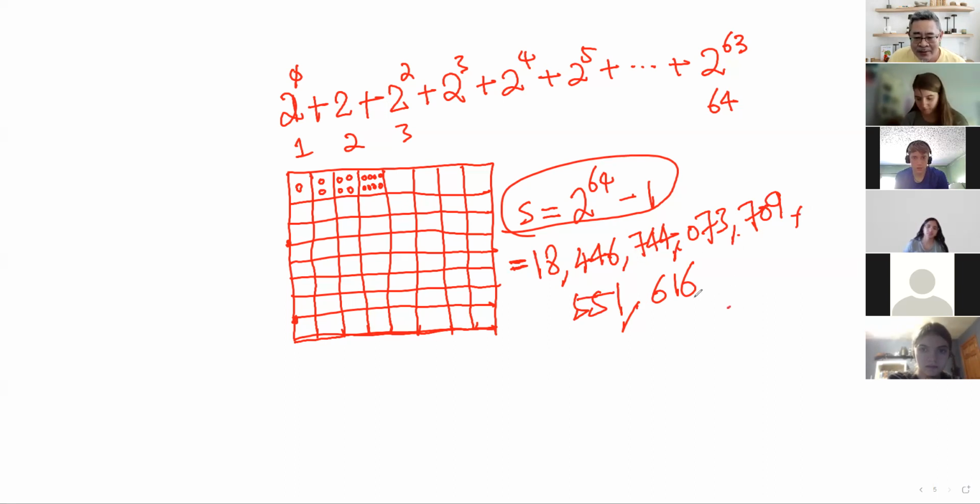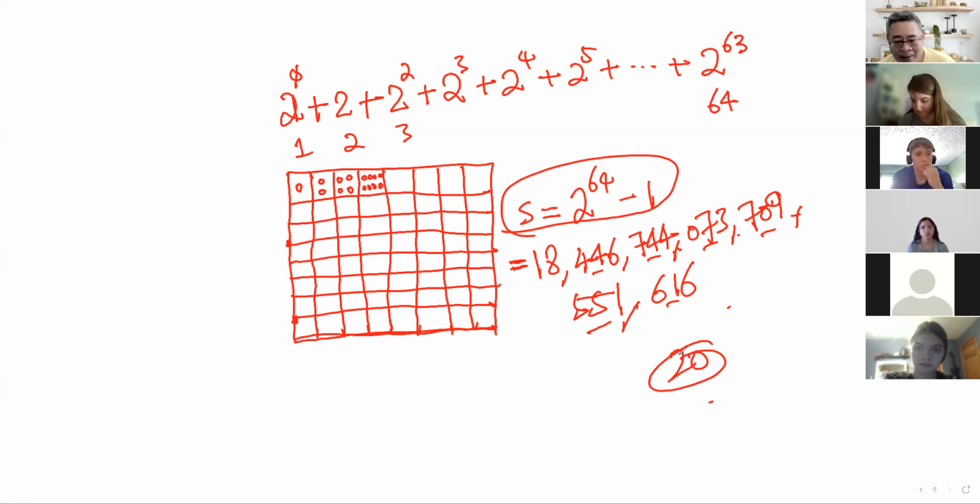How many digits? 100,000, million, billion, trillion, quintillion, sextillion. About 20 digits. You can also write it in scientific notation.